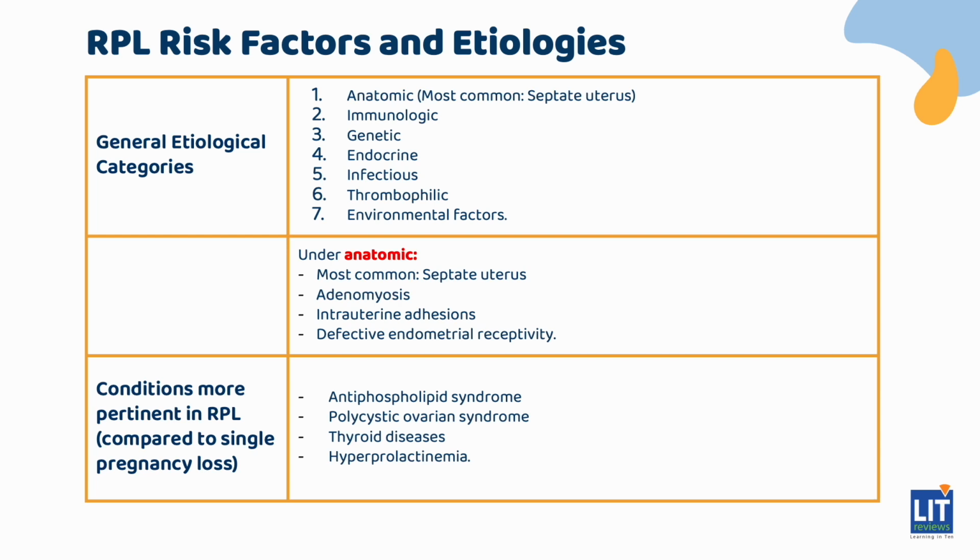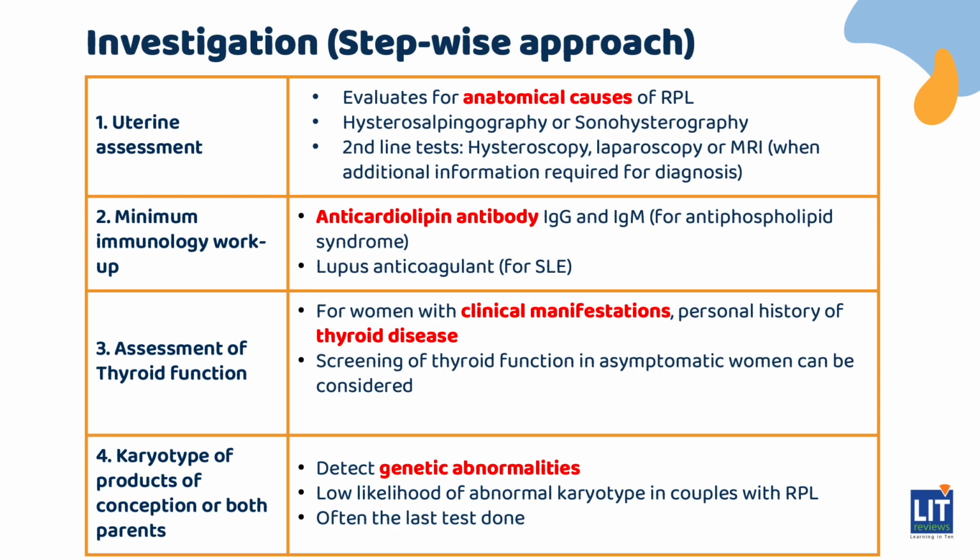Others include adenomyosis, intrauterine adhesions, and defective endometrial receptivity. Other conditions more pertinent in RPL compared to a single pregnancy loss include antiphospholipid syndrome, polycystic ovarian syndrome, thyroid diseases, hyperprolactinemia.